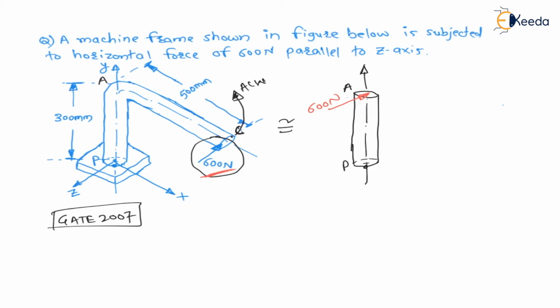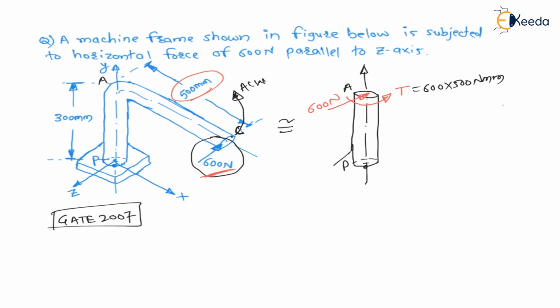Therefore there will be a moment created, which is nothing but 600 into 500, this distance 500. This moment 600 into 500 is acting as a twisting moment. This 600 Newton force is trying to rotate link AP. Therefore this moment is acting as a twisting moment of magnitude 600 into 500 Newton mm. This is a twisting moment, right?